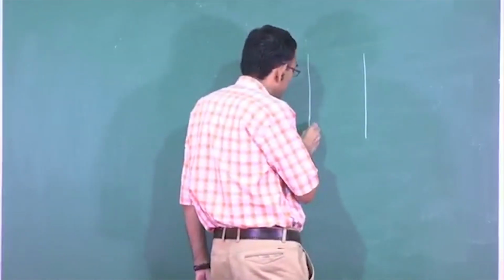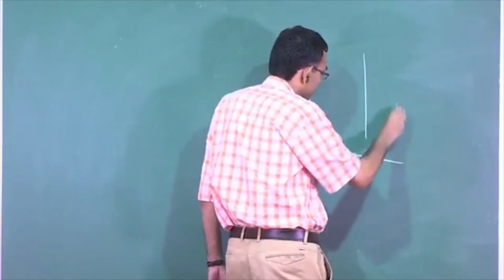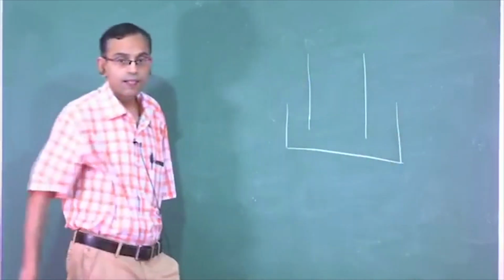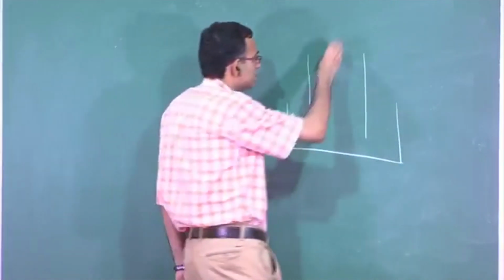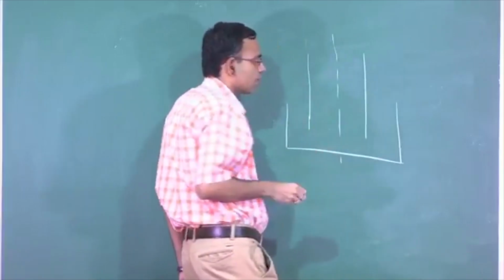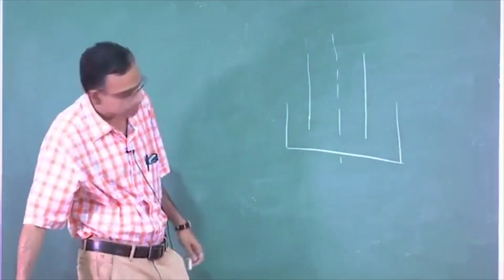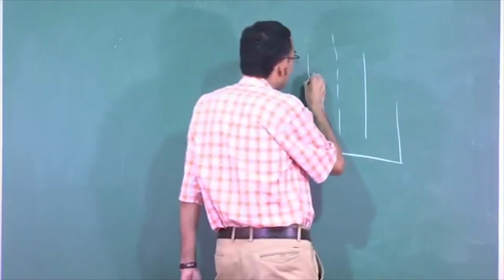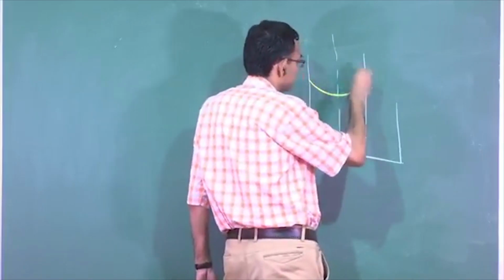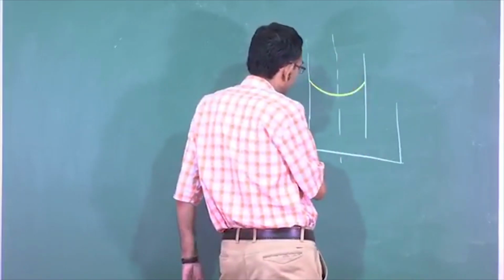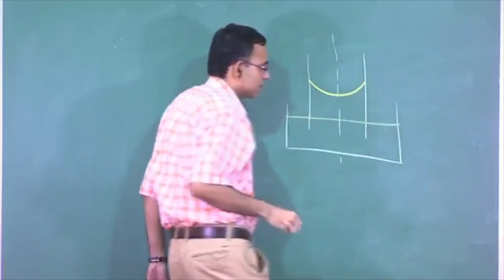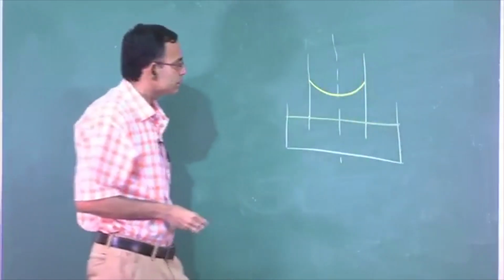So, let us say there is a capillary tube and this is a cylindrical capillary. You have an interface like this, and this is the free surface.